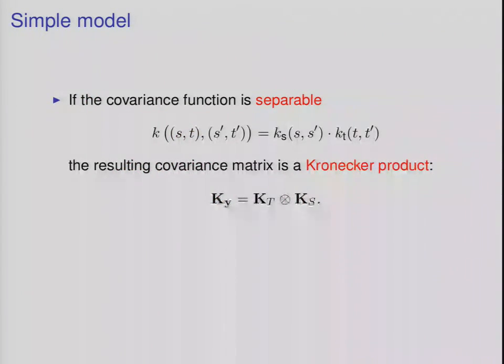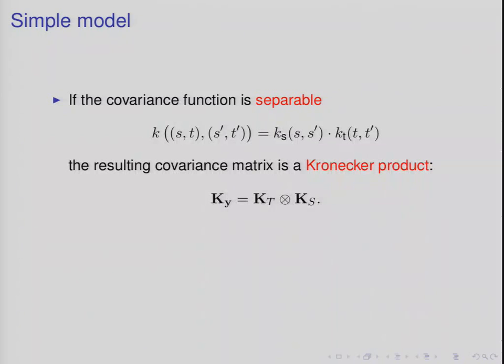We begin with a very simple model where the covariance function is separable. This means that the overall covariance is a product of a covariance over the spatial domain and a covariance over the temporal domain. Given that the input set was a Cartesian product, this results in a covariance matrix which is a Kronecker product.